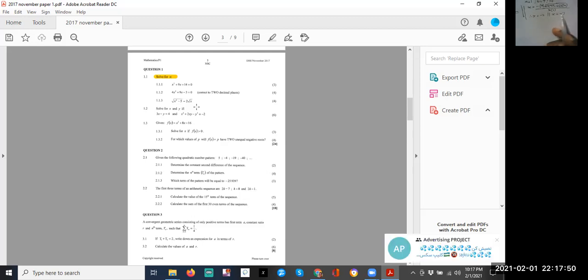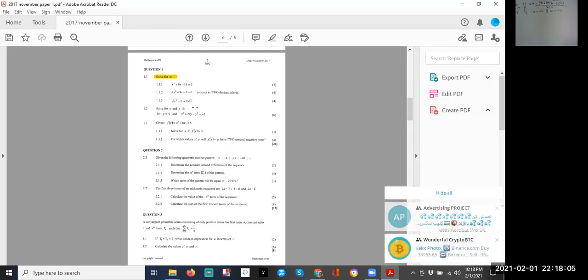Now, these are the 2 zeros of the function. As I've said, how do you check whether these 2 are correct? Do you know what you do, guys? You need to substitute.